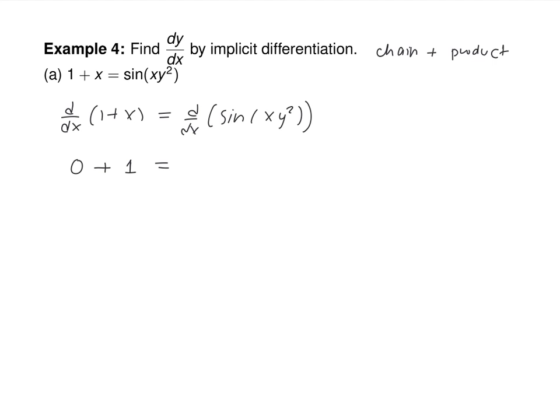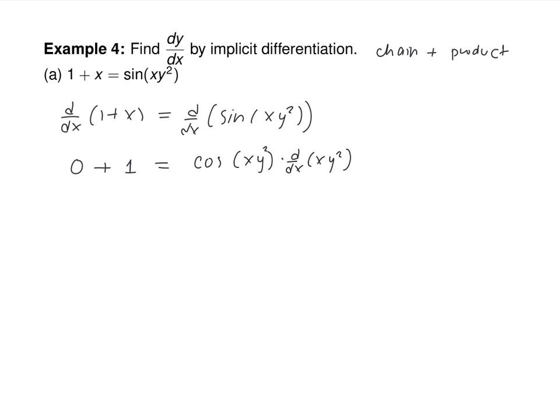Okay, so for the chain rule, what's the derivative of a sine? Cosine. And you've got xy squared multiplied by the derivative of xy squared. I just didn't do it yet, but we have to do that part.